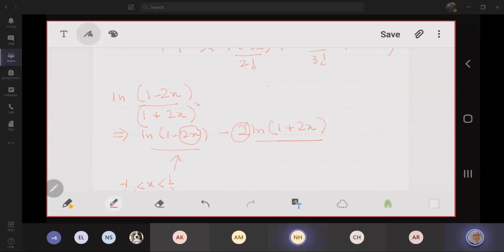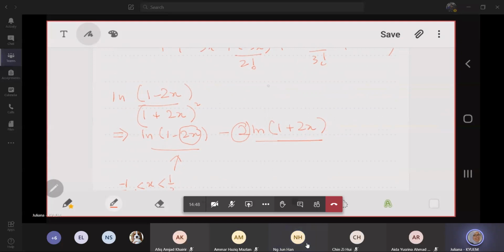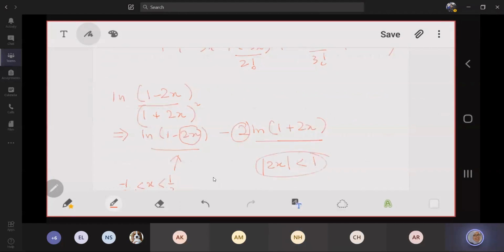By right, if y equals f of x, the standard result is that the modulus of 2x is less than 1 when you get a series expansion in increasing powers of 2x. So that would be the range of validity.